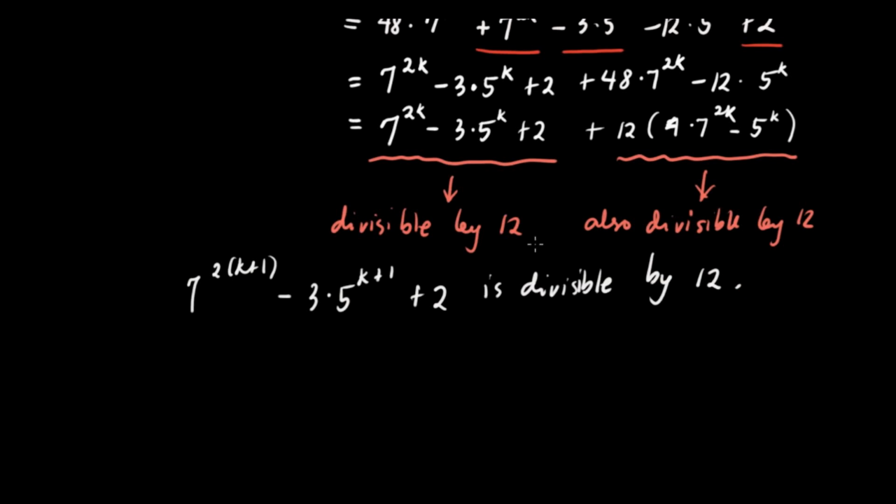So, napakita na natin that kung i-assume natin na divisible siya by 12 pag sinubstitute yung k, and then ma-prove natin that kapag k plus 1 na yung substitute sa n, it's also divisible by 12, and we're successful in doing it.